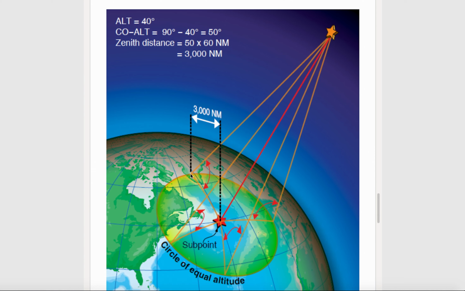This is the position of somebody who's taking an angle to the star, and between the center and the outside of the circle of equal altitude, here it says 3,000 nautical miles. So this doesn't work on a globe.